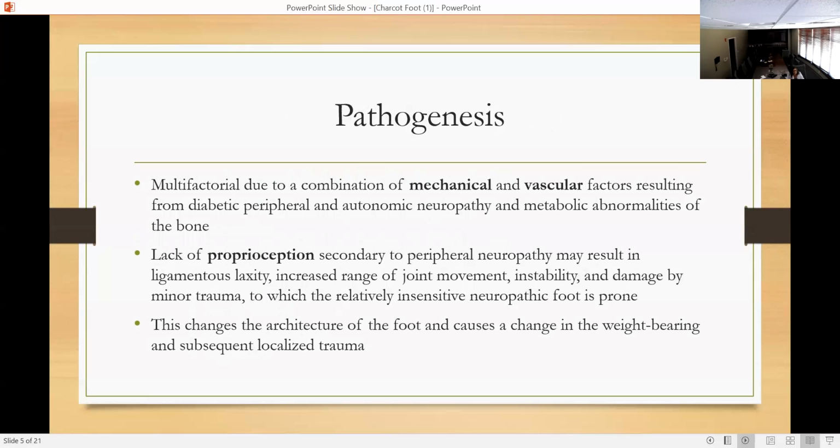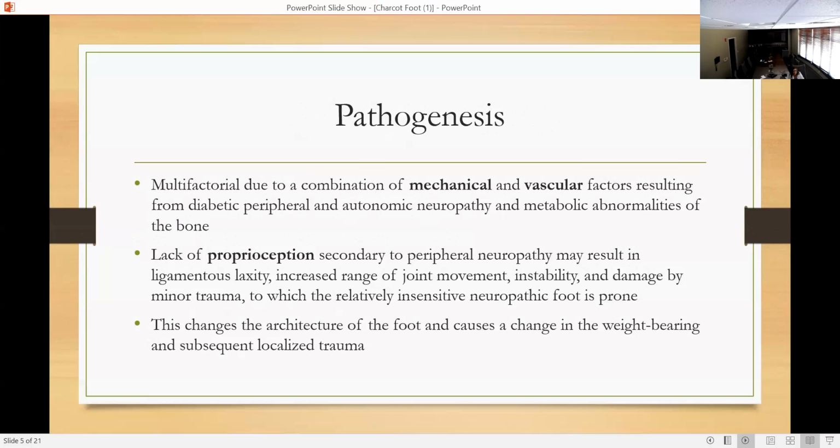So it's multifactorial, due to a combination of mechanical and vascular factors resulting from diabetic peripheral and autonomic neuropathy, as well as metabolic abnormalities of the bone. As people step, there's a lack of proprioception, where they feel their foot is in place, which can result from peripheral neuropathy and can lead to laxity in the ligaments, an increase in range of movement, instability, and damage by minor trauma.